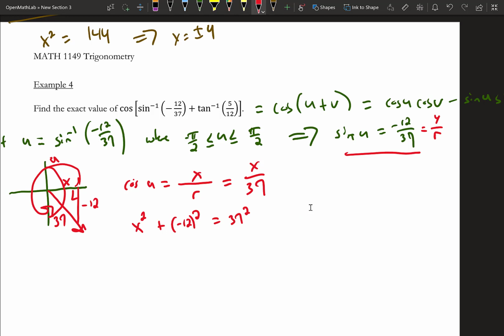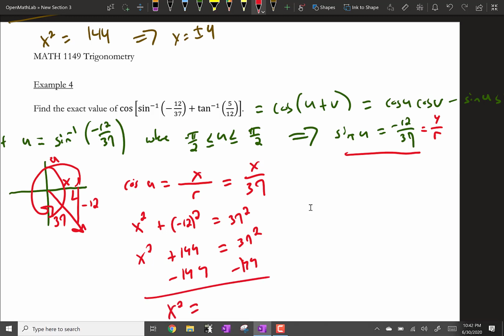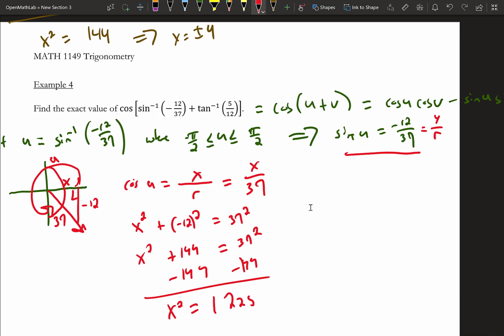So this would be 144. So this would be x squared plus 144 equals 37 squared. So if I subtract 144 from both sides, we get x squared equals 37 squared minus 144. In your calculator, you should get 1,225, right?